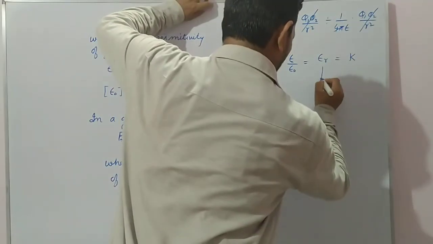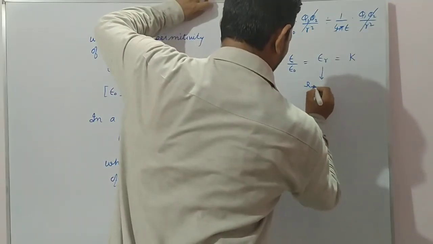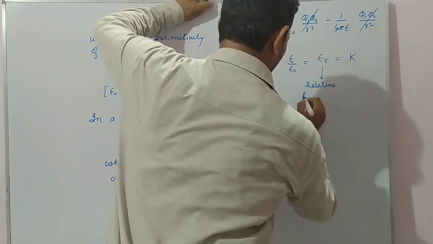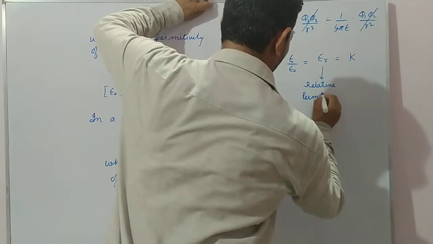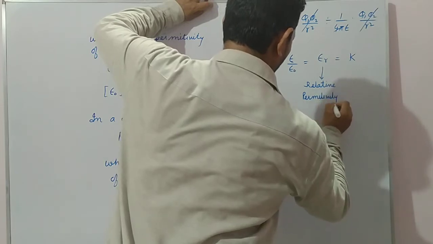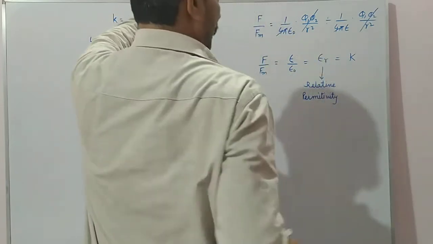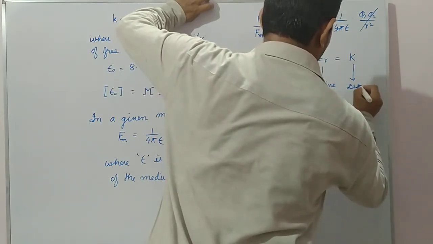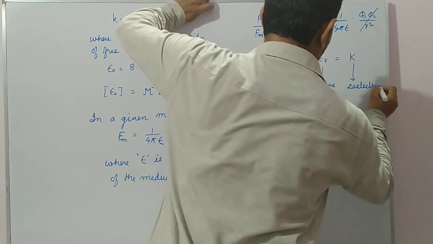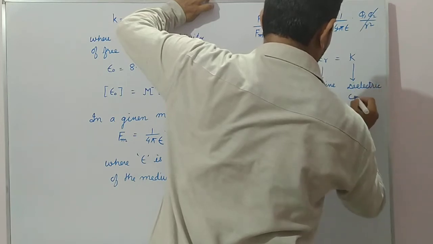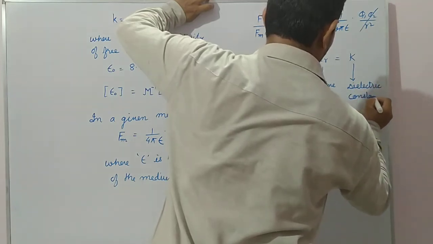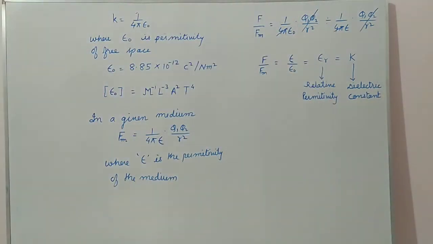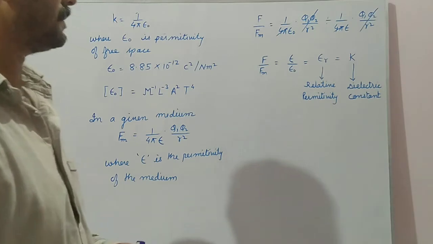So this epsilon R is termed as relative permittivity, and this is also termed as dielectric constant. Relative permittivity or dielectric constant. Okay.